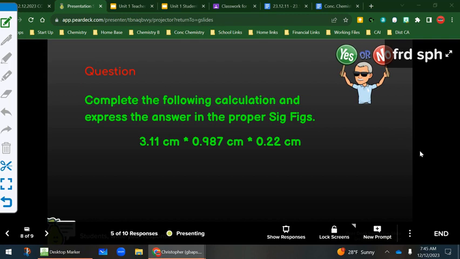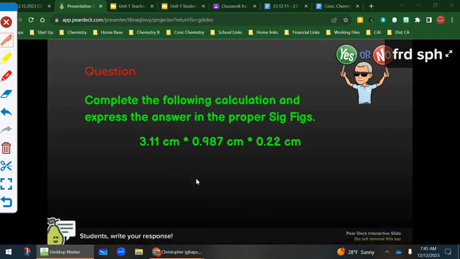All right, somebody tell me what we get for a number, please. Somebody tell me what we get when we multiply these three numbers together. The number you got out of your calculator, please.